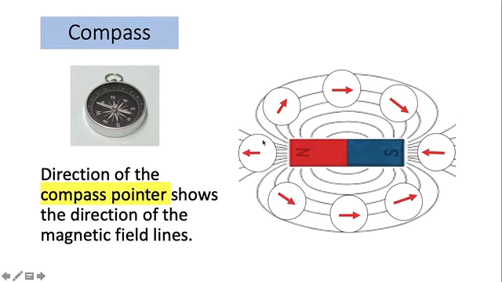When we place a compass here, near the north pole of a magnet, the pointer will point outward, and it will always go into the south pole. So the compass pointer always shows the direction of the magnetic field lines.